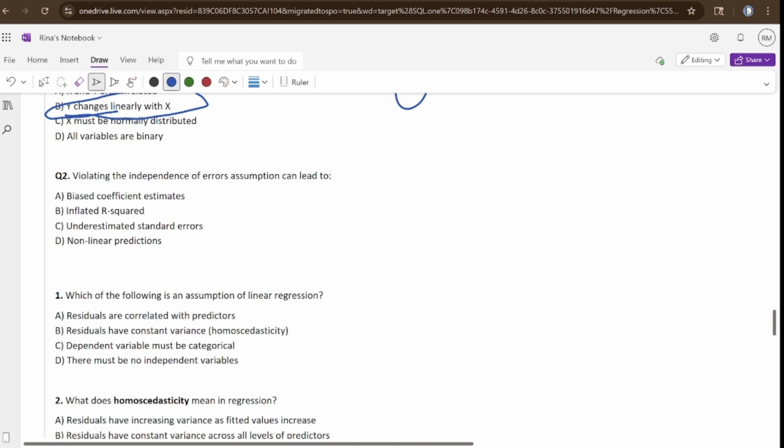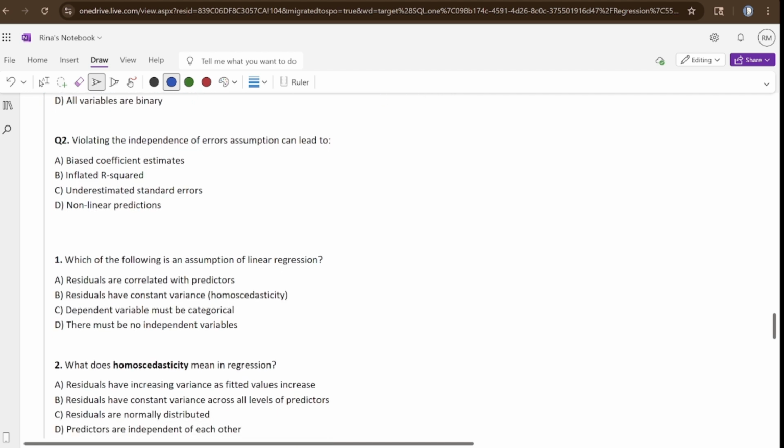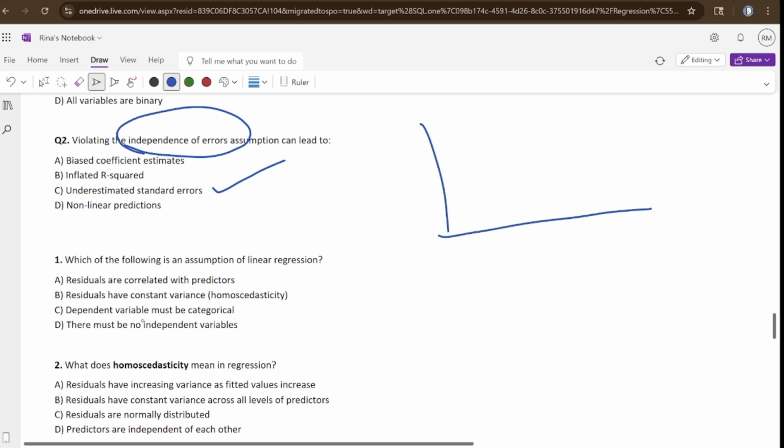Now, violating the independence of error assumption can lead to underestimated standard error. That means every error will be independent. If your data points are like that and it is your prediction, this error doesn't vary with this error.